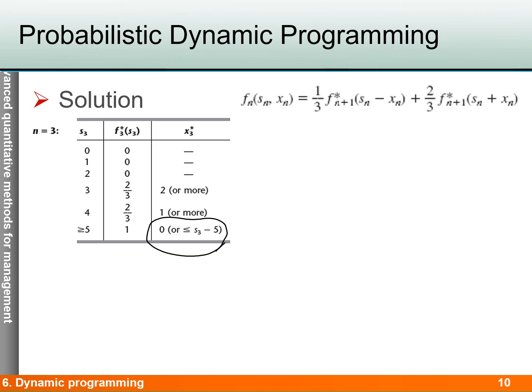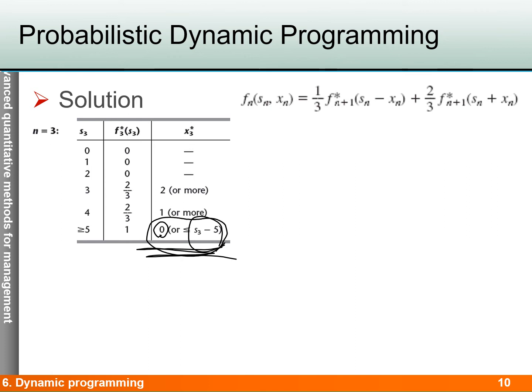It means that, for example, if I bet 5, if I bet 0, it means that this part, okay? Because as you see here, less than or equal to S3 minus 5, it should be. So 7 minus 5, if I win that, already I am over 5, I'm a winner. 8 minus 5, I'm over 5, I'm a winner. So this is the result of how to bet when it's greater than or equal to 5.